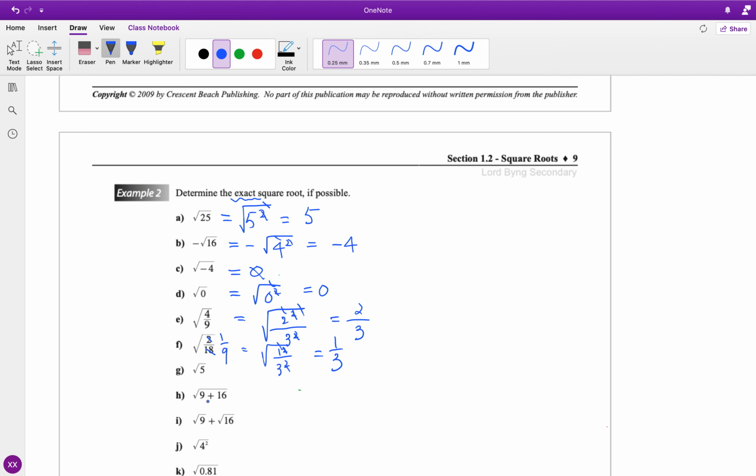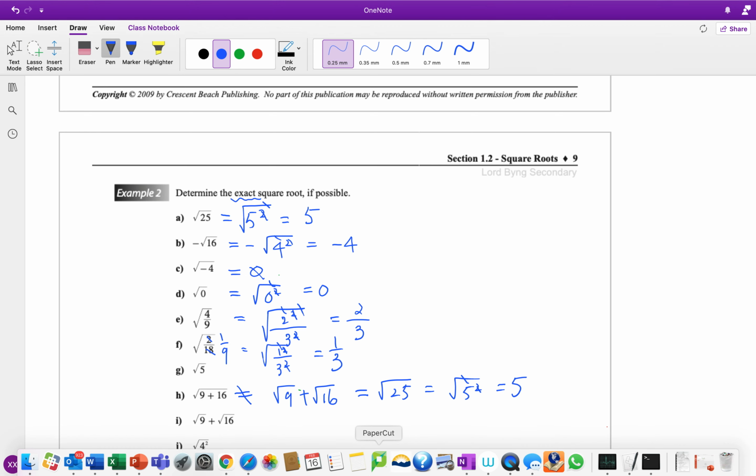Now this one I need everybody to note. This does not equal the root of 9 plus the root of 6. It's absolutely not. You have to instead add them first, then that is 25. Now in this case, that is 5 to the power of 2, and that cancels, becomes 5.